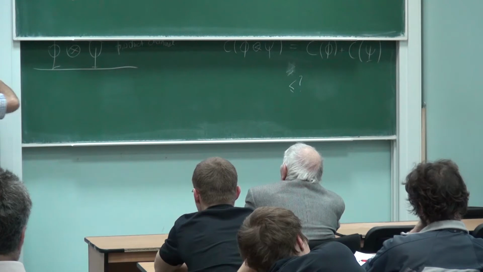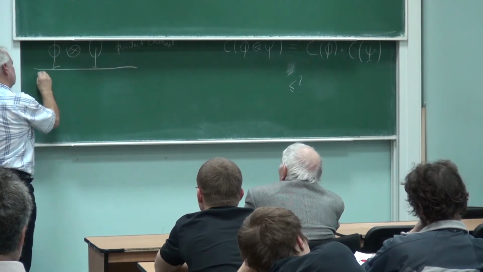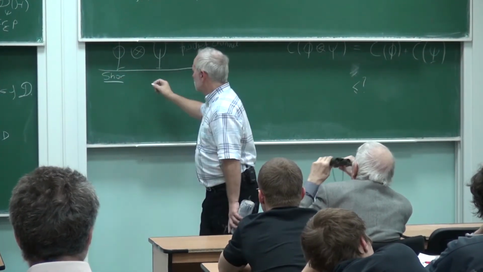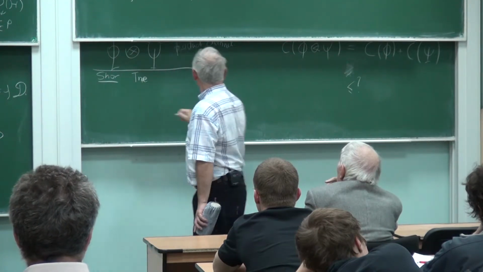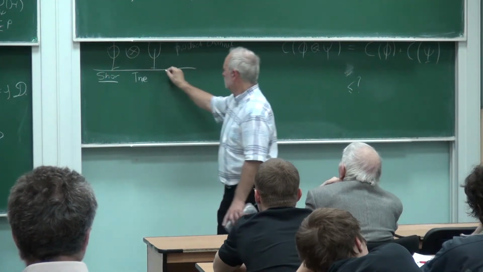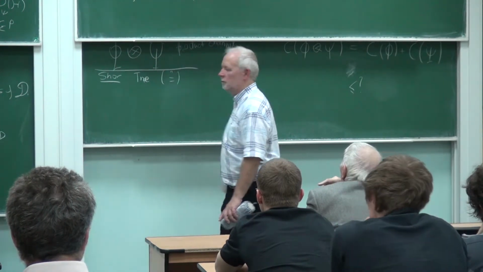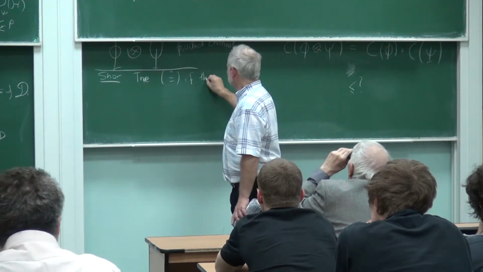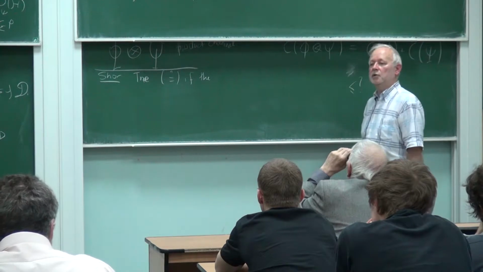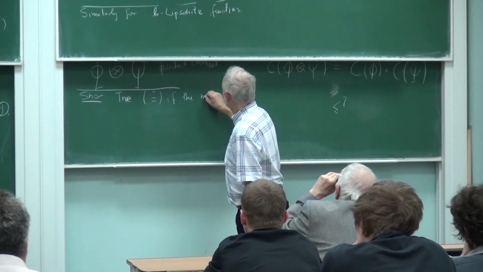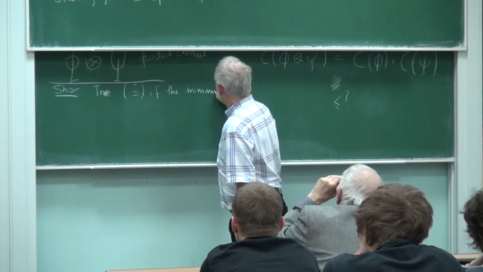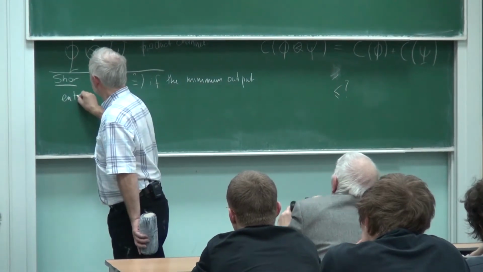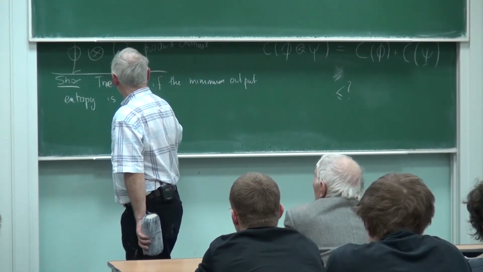This was a work of several people, but it was terminated with a paper by Shor, who showed that equality is true, by true meaning equality, if the following fact is true: if the simpler quantity called minimum output entropy is additive.